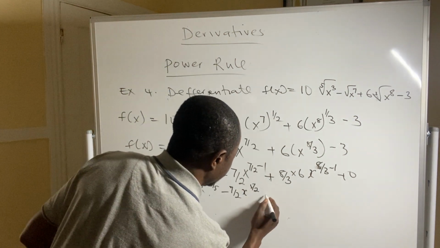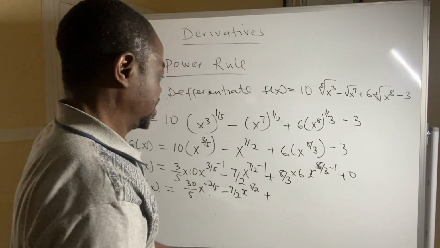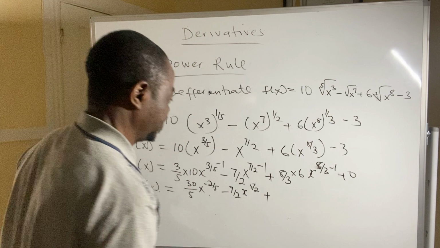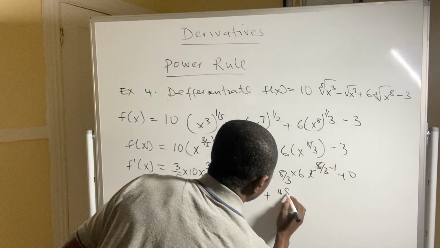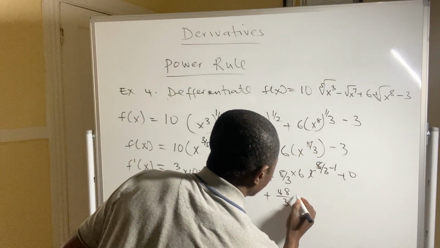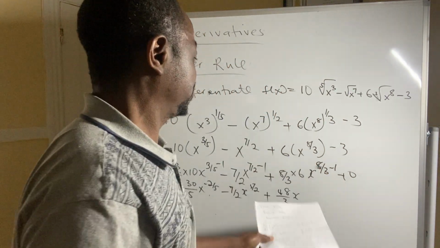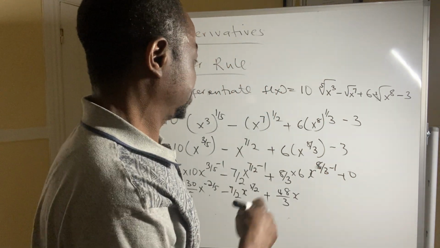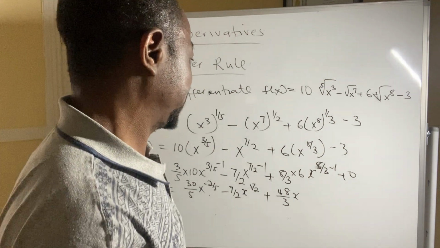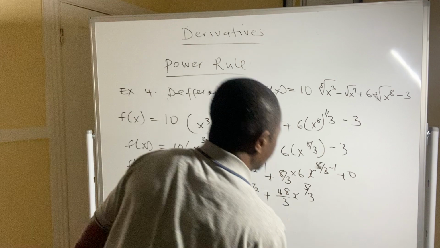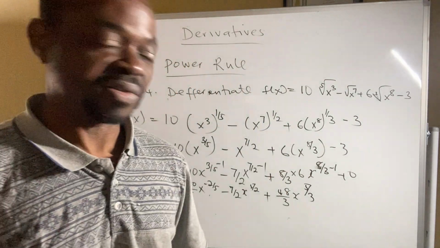And then this is plus, 8 times 6, that's 48 over 3, then we have x, 8 over 3 minus 1, that's 5 over 3. Right.